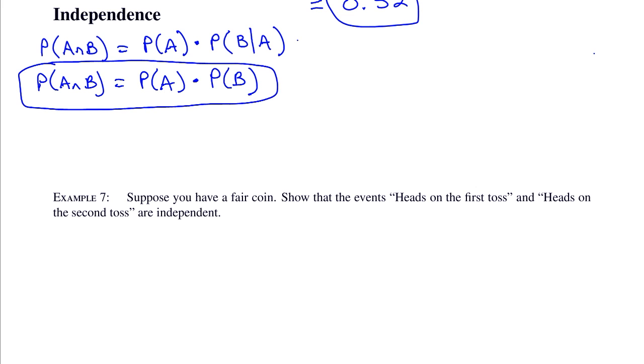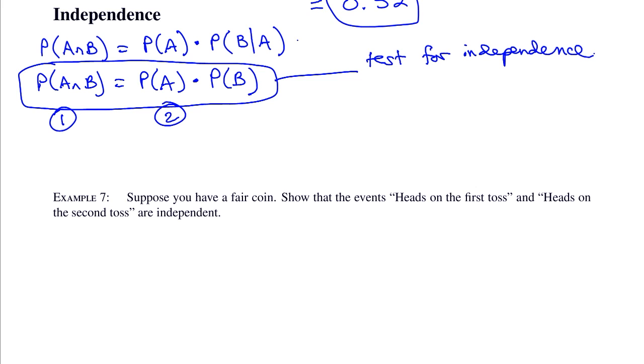And you will see this sometimes written as test for independence. If they ask you to test for independence, then you just work both sides of the equation and show that they're equal.